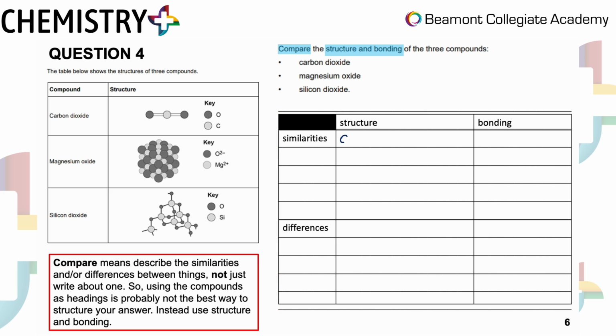Carbon dioxide is made with two non-metals, like silicon dioxide.